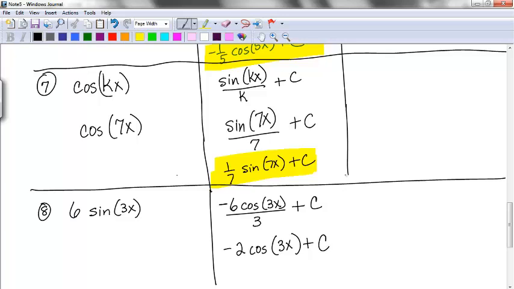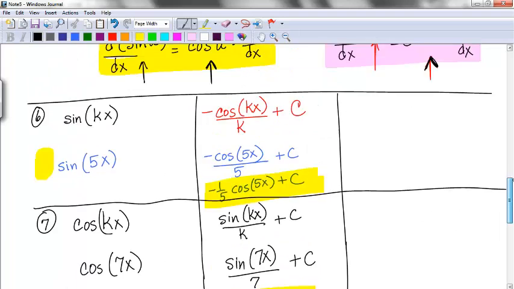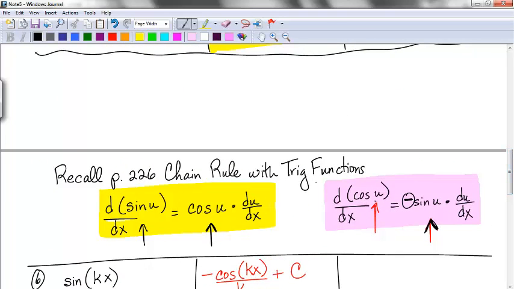And you can check it. If you took the derivative of negative 2 cosine of 3x with respect to x, the coefficient stays the same, negative 2. What's the derivative of cosine? Negative sine.